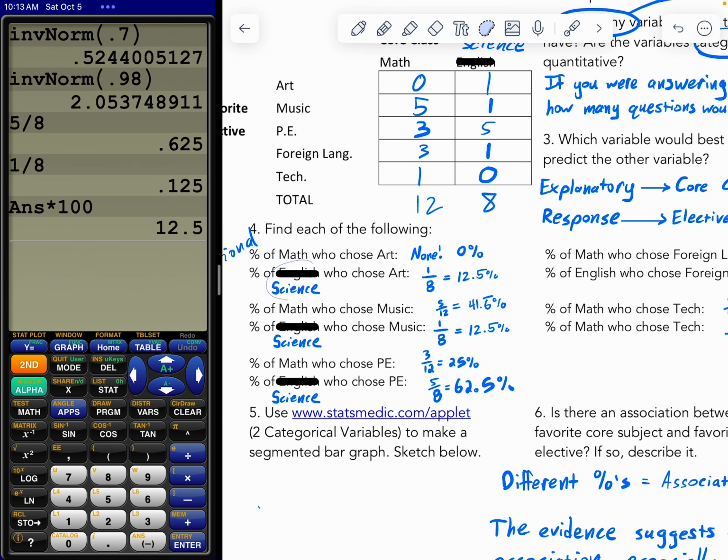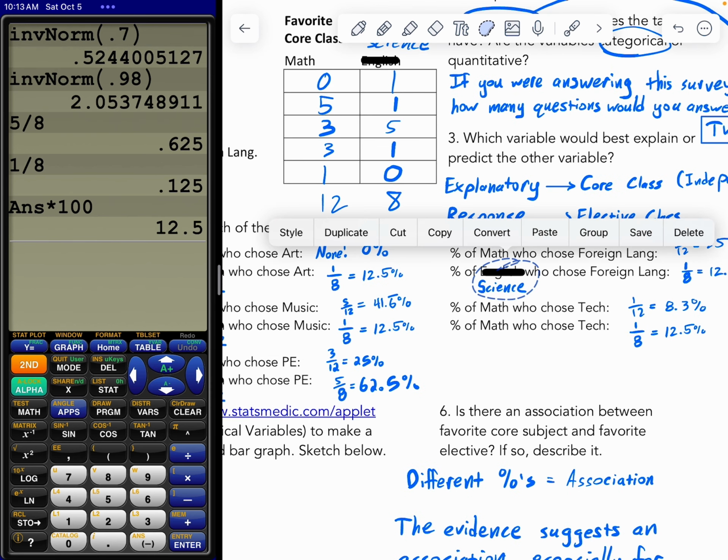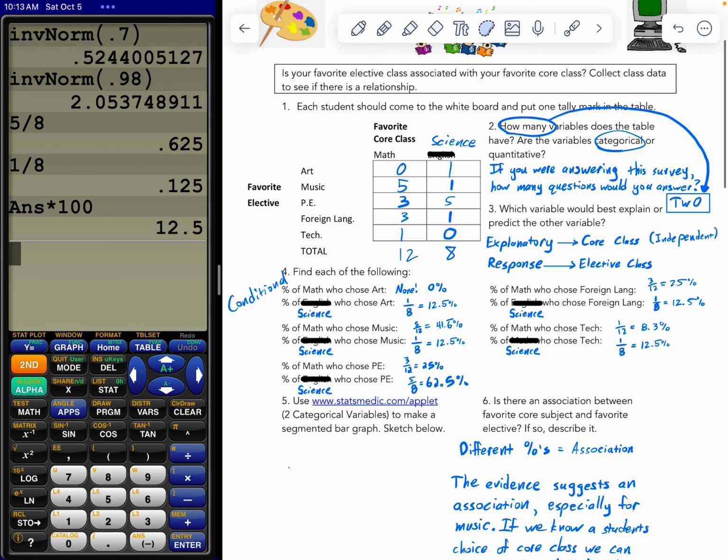Let's fix this. So did I get these right? Let's look here. I'm a little doubting myself. Percent of science, so 8 people. Who chose foreign language? That's 1. Okay, so I did get that right.